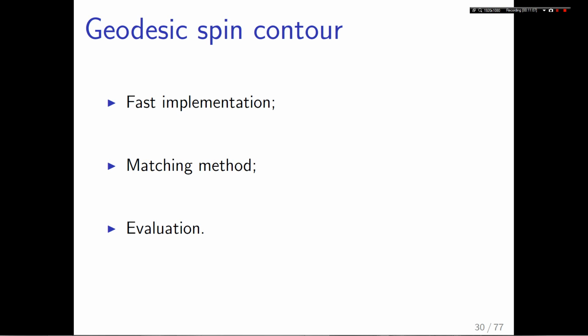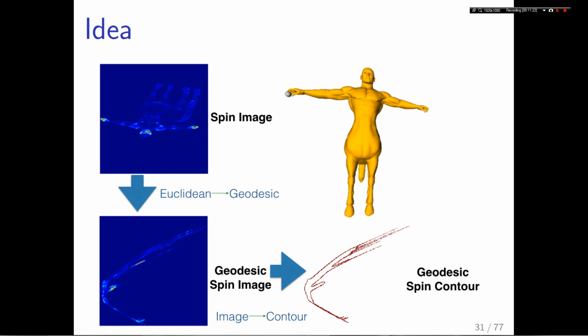By looking at this geodesic spin contour, we may also introduce a fast implementation and a suitable matching method. And also I will show you the evaluation in the last step.